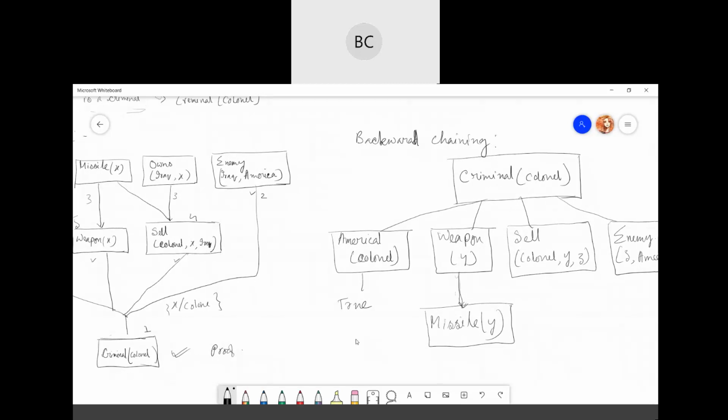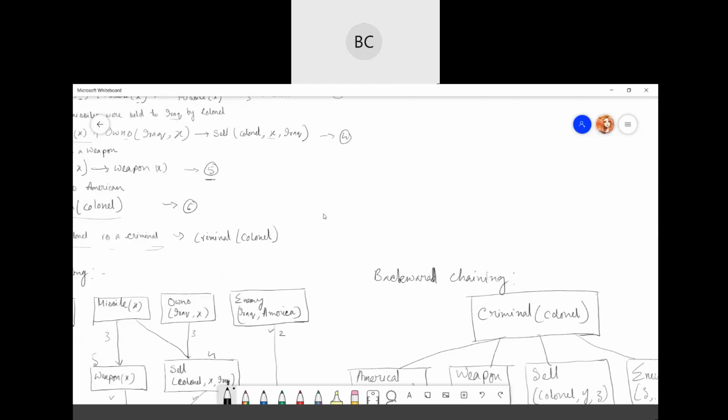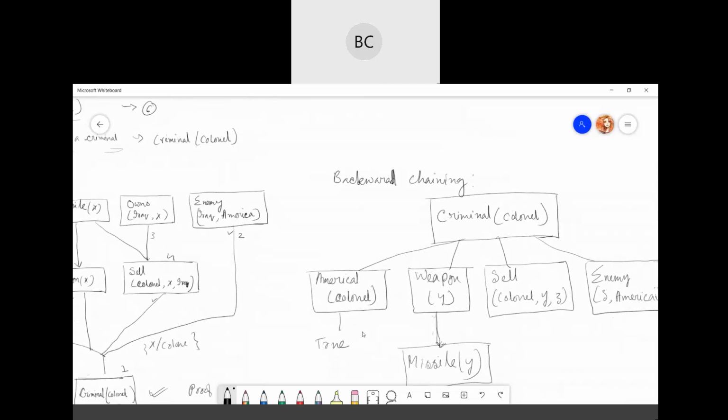Okay, so missile X. From this sell part, we have two things: missile X and owns Iraq X, right? Missile X and owns Iraq X from the sell part. So we can deduce these things from the sell part.